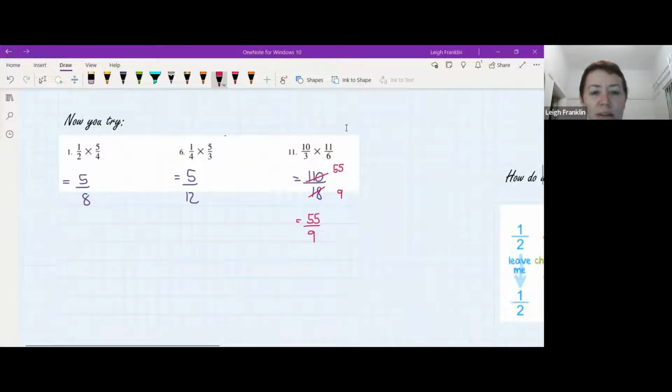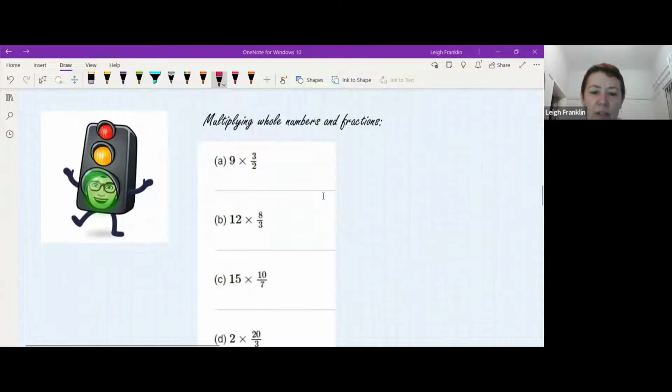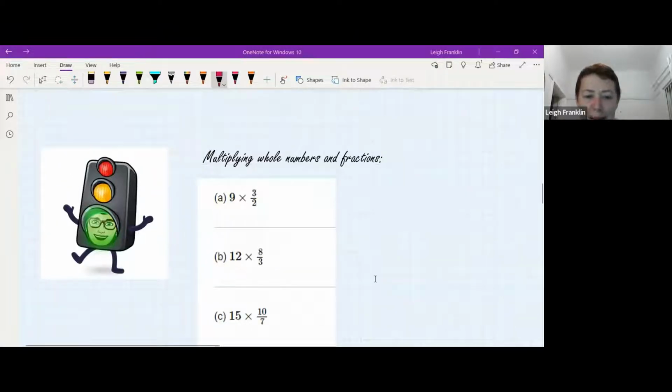Well done. Lovely work. Now let's talk about multiplying whole numbers and fractions together. In the case of question A, I want to see if you know what we would do. You can put hands up if you think you know. Anati, how would you multiply these two numbers together?